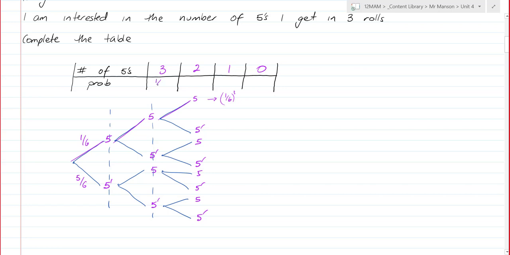Now let's use our knowledge of Pascal's triangle to simplify the next section, and that is that there are 3 ways of getting 2 fives. If you follow those branches along, they'll all be the same because these are independent events.